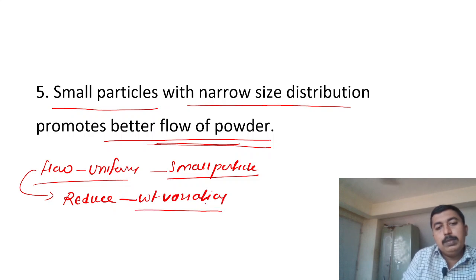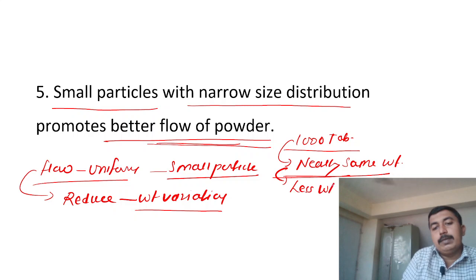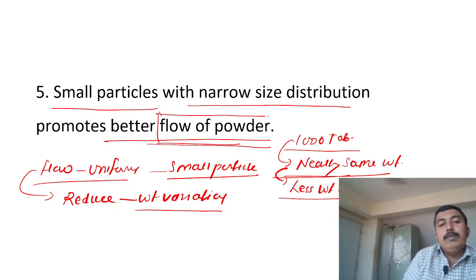Suppose 1,000 tablets are prepared in one batch, all 1,000 tablets should have nearly the same weight, and this is known as uniformity with respect to weight and less weight variation. This less weight variation you can achieve by uniform flow, better flow. And for better flow we require small powder particles.